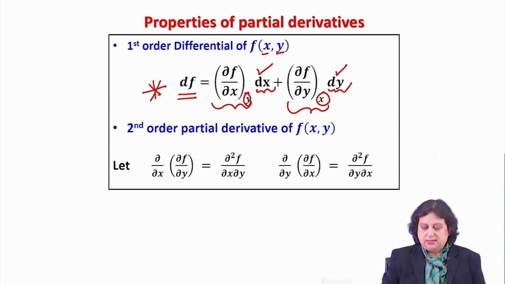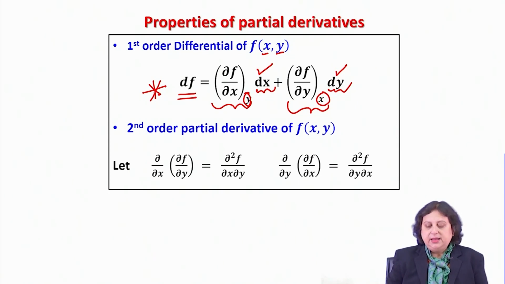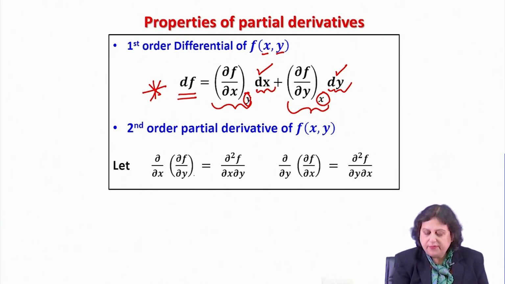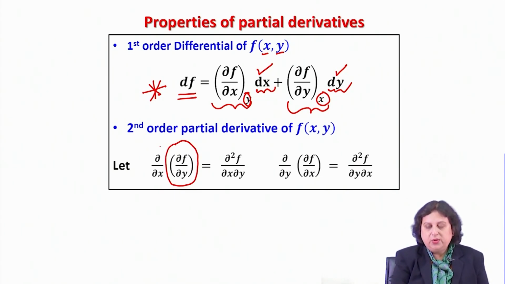There is the second definition that I have highlighted in this slide, and that is the second order partial derivative of f of xy. So basically here what you are saying is, let me say that for function f you have already evaluated this partial derivative where you have taken a derivative of f with respect to y keeping x constant.